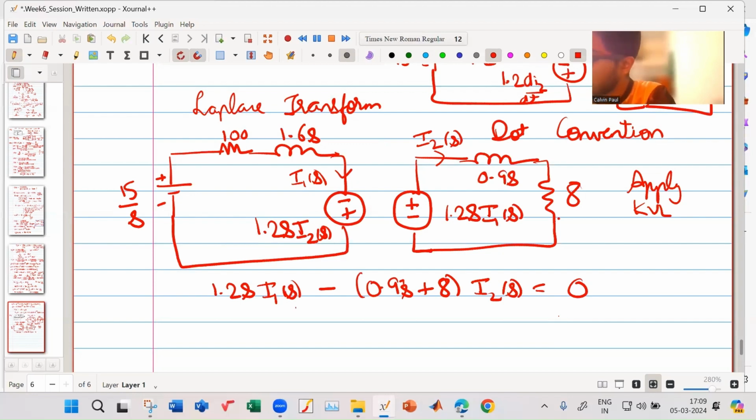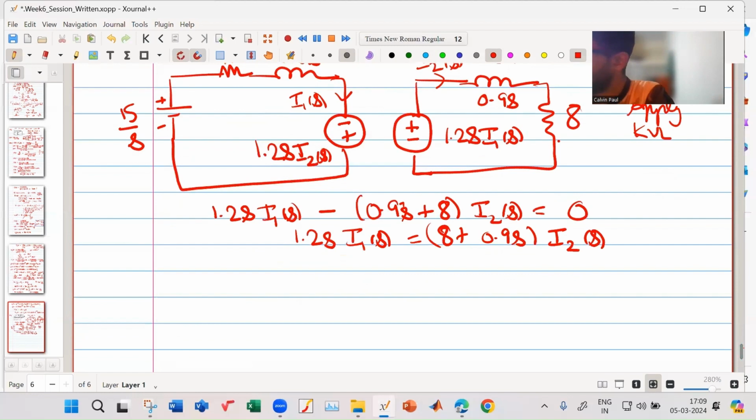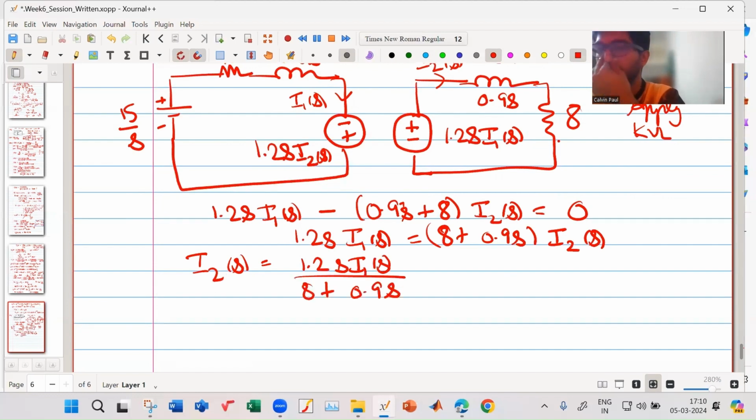So I will write 1.2 s into I1 of s is equal to 8 plus 0.9 s into I2 of s. So my I2 of s is equal to 1.2 s I1 of s upon 8 plus 0.9 s. So I wrote I2 of s in terms of I1 of s.